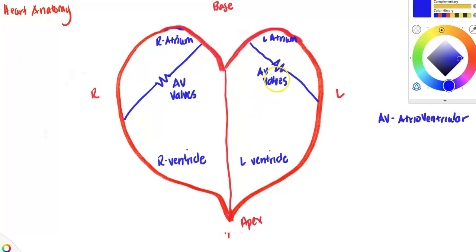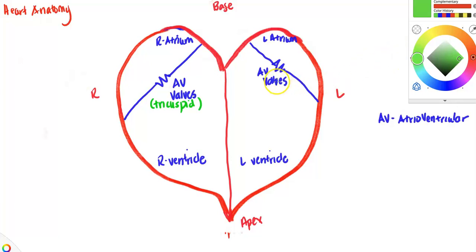So atrioventricular valves. The one on the right side has another name, and it's called the tricuspid valve because it has three cusps to it.